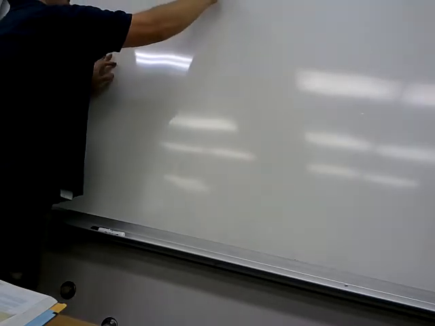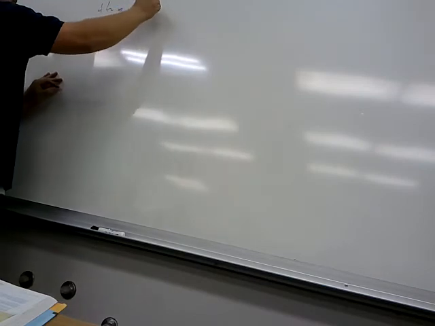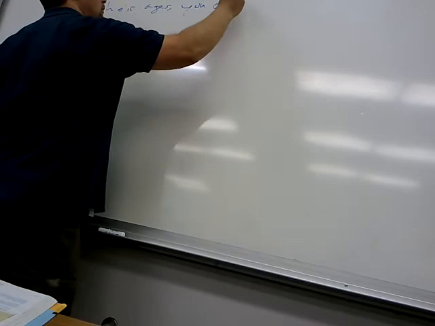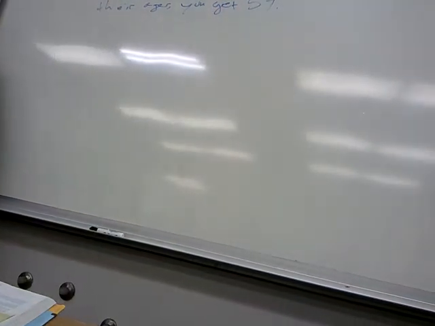If you add their ages, you get 59. So Luis actually already could figure out the answer because he's part of the problem, so he knows the answer.